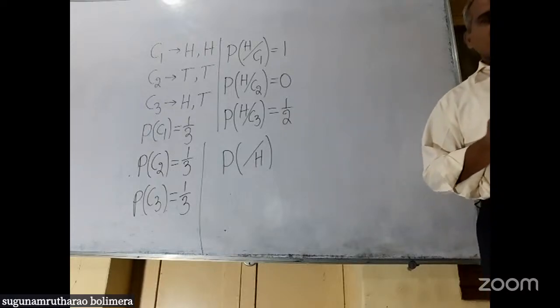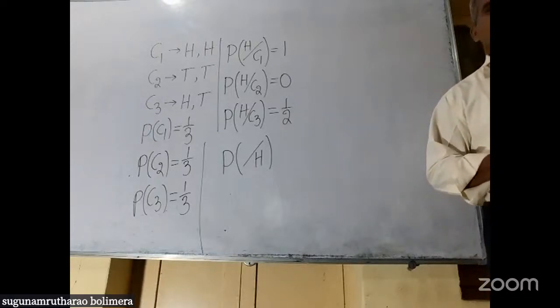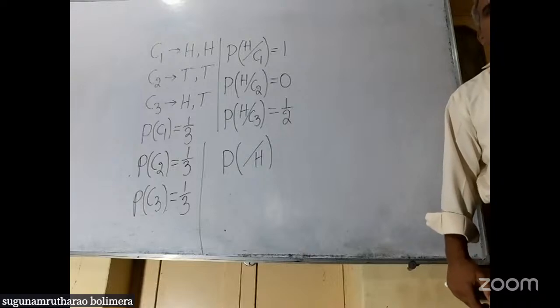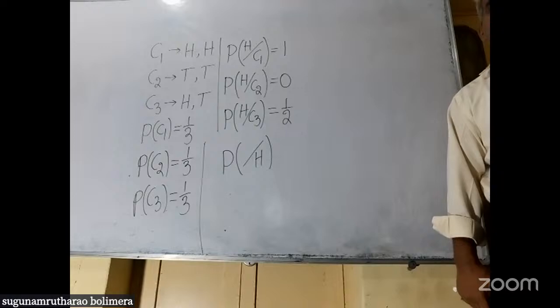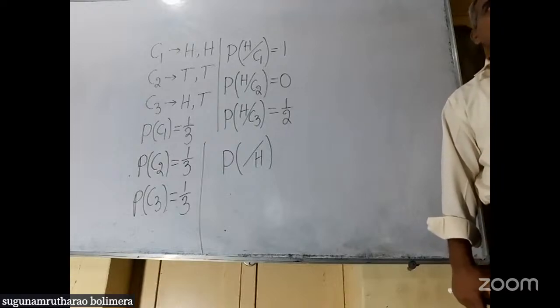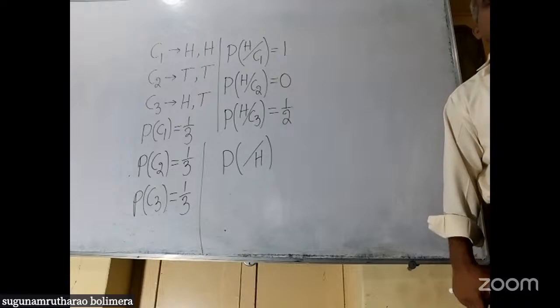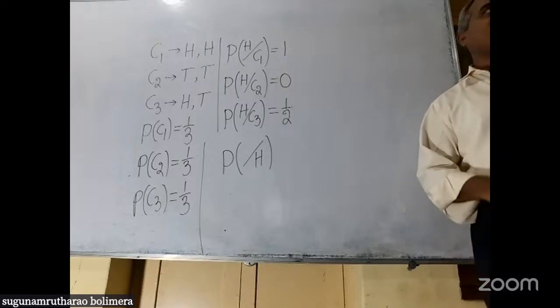When we have tossed a coin and got head, the other face must be tail means that the tossed coin will be C3.